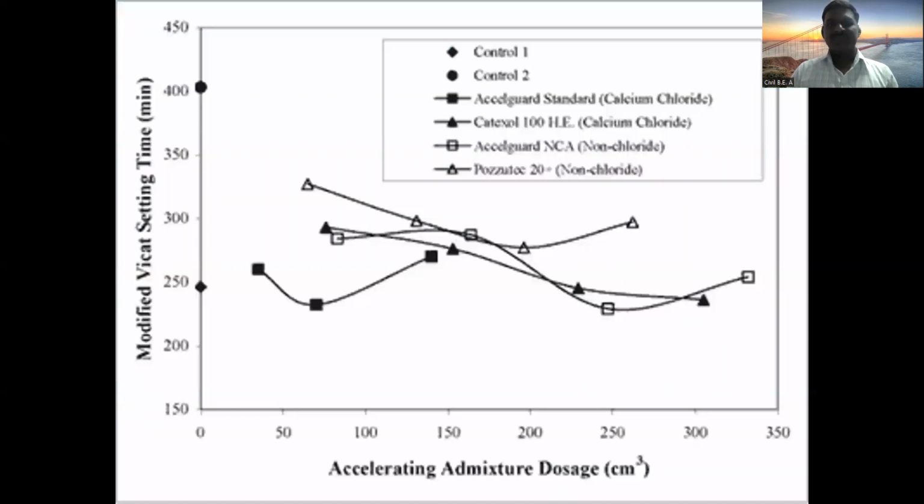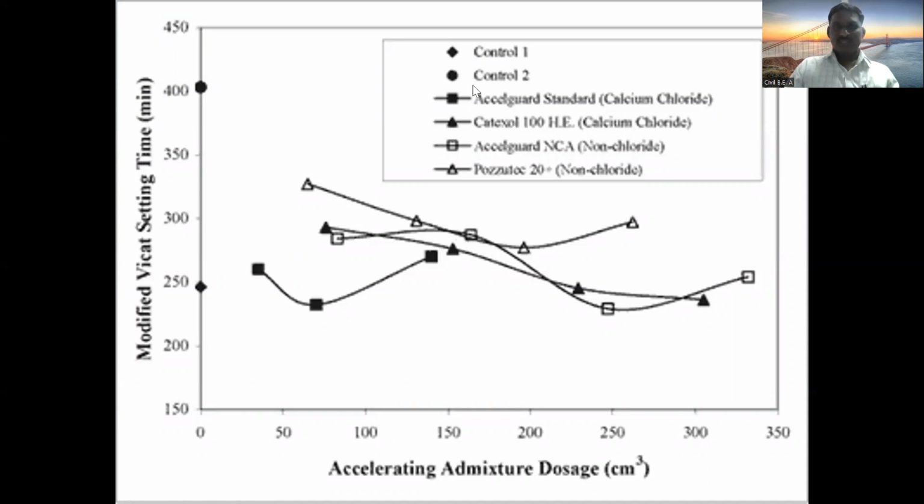So this is one of the graphs they have given as per the doses of the accelerating admixtures, and the setting time is also shown here. The setting time in minutes is shown on the y-axis.